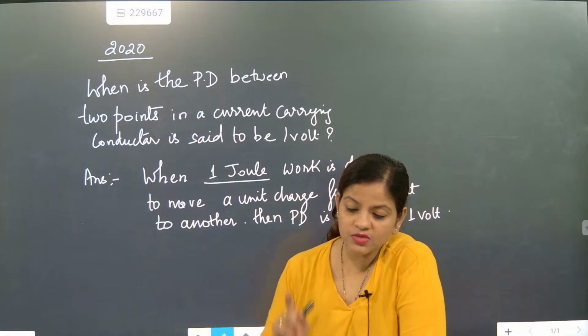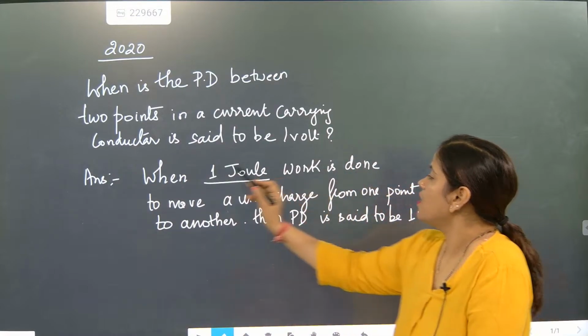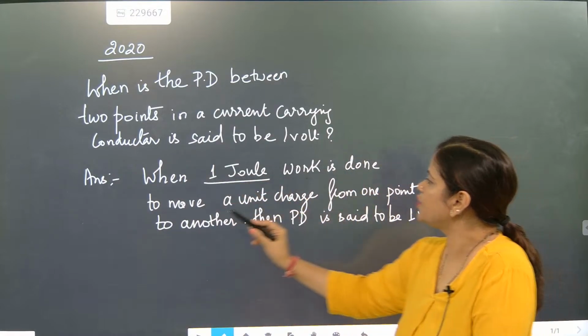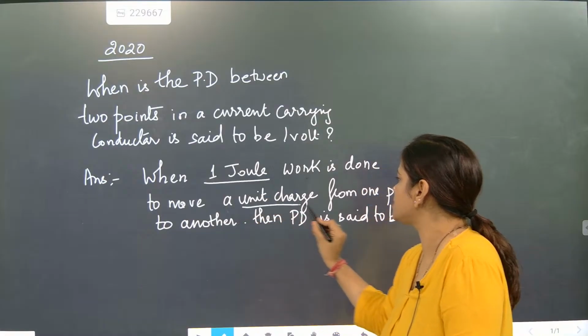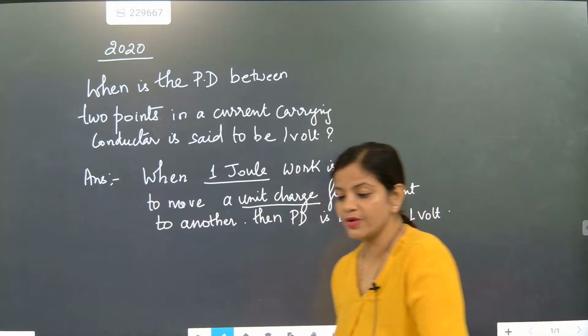That means how we have defined, we have underlined. When 1 joule work is done to move a unit charge, underline. Two very important points were there.